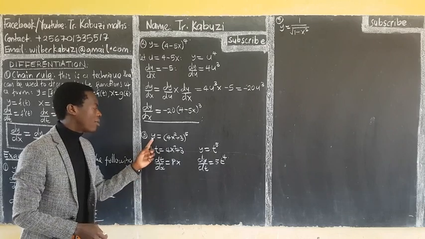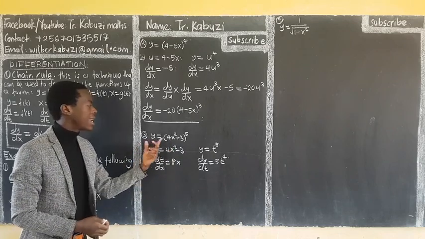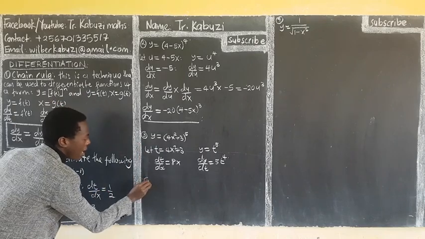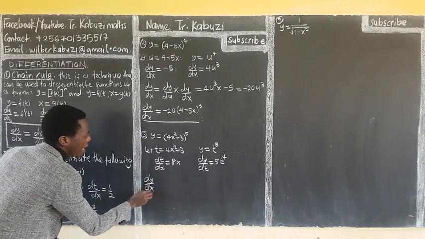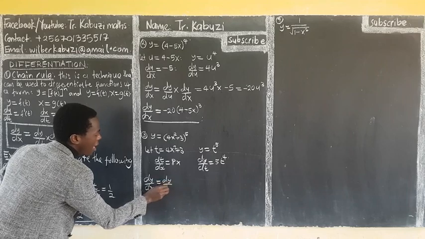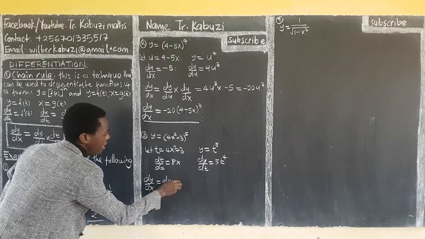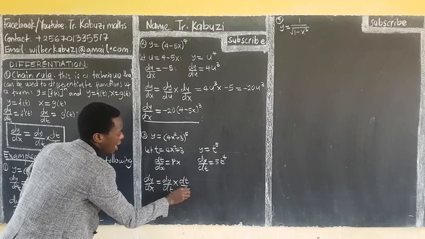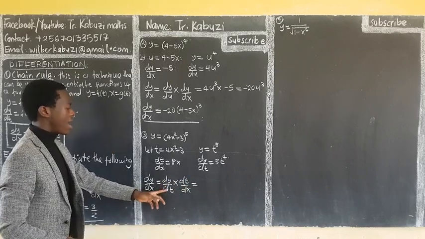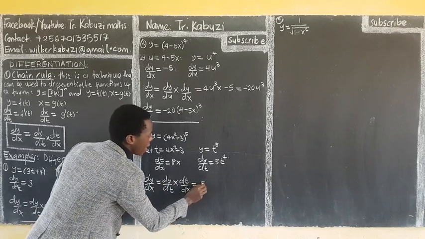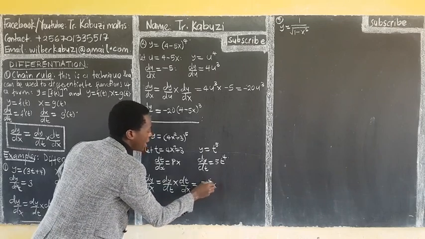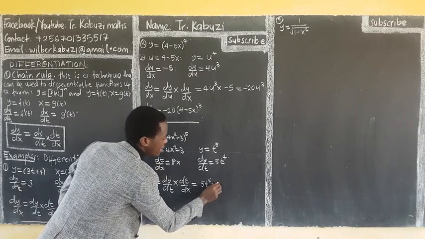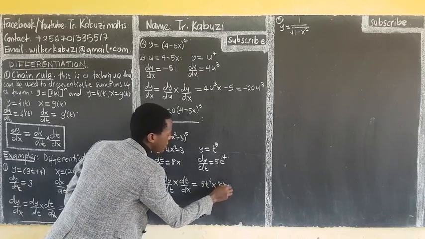Why? We want now the dy/dx because they are the two original variables given. So now my dy/dx is going to be the dy/dt times dt/dx, which will be the dy/dt is 5t to the power 4, then times dt/dx. So what I have here, dt/dx, which is 8x.